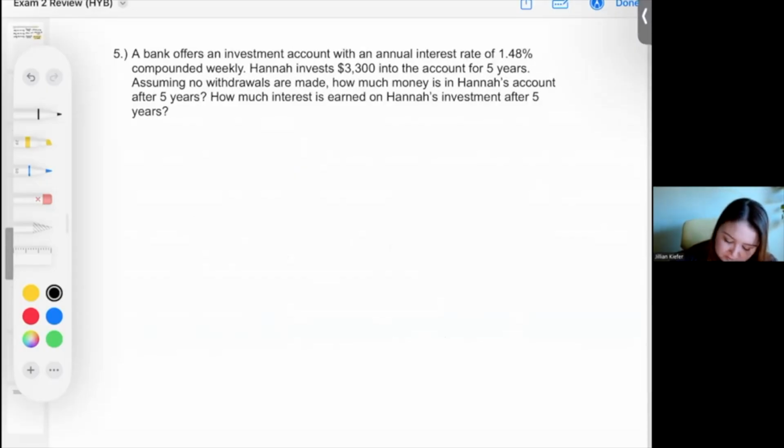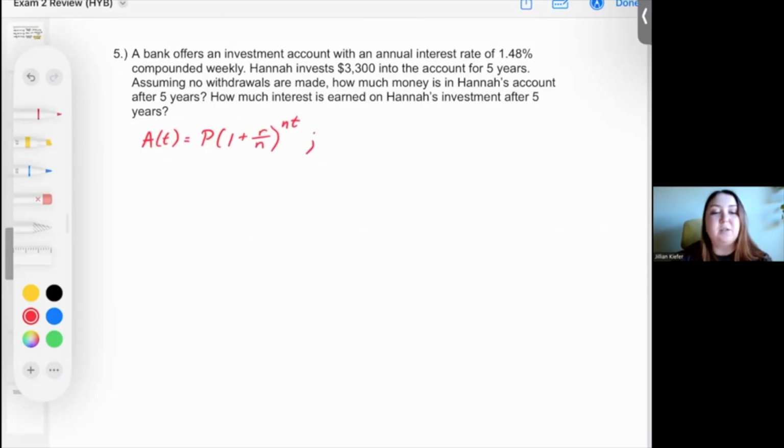It tells us that the amount in our account after T number of years would be equal to the principal times 1 plus the rate divided by the number of times you compound per year, to the power of n, the number of times you compound per year, times T, the number of years.